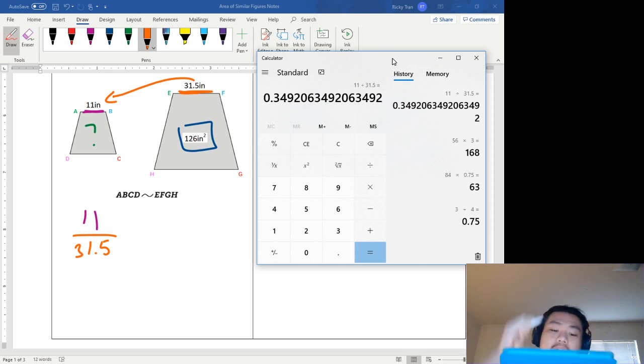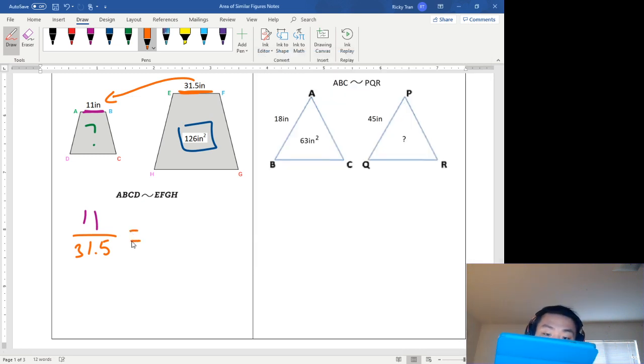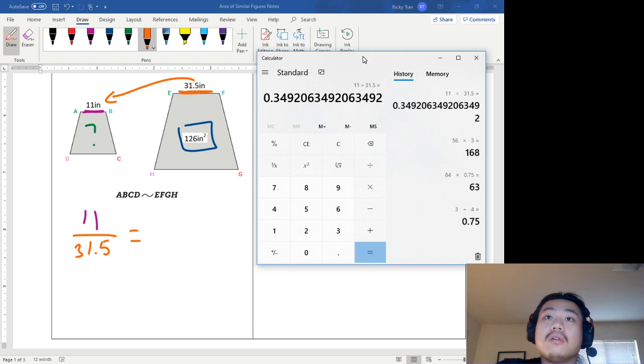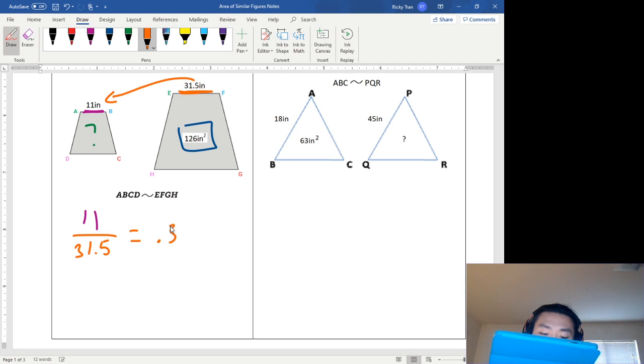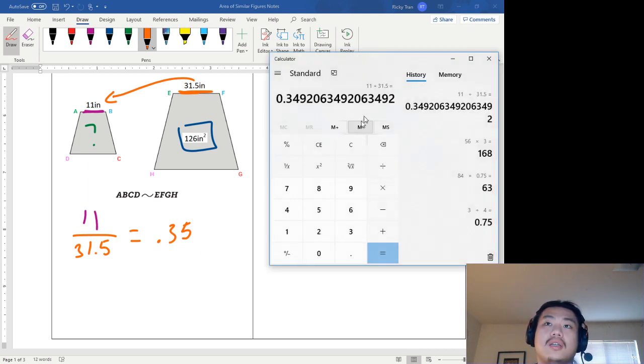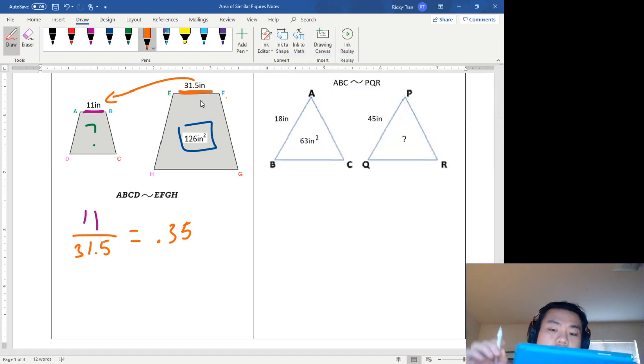Oof, that's not a fun number. In that case, it's going to be 0.35. We're just gonna round it to make it nice and easy. I don't know why the number came out off. Oh, I know why.